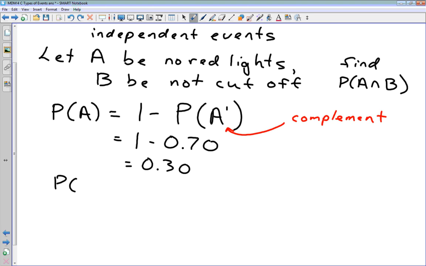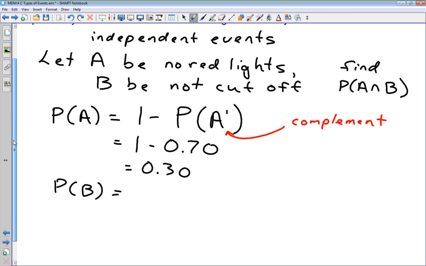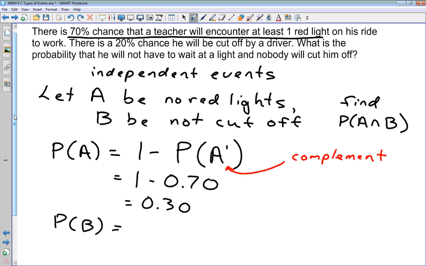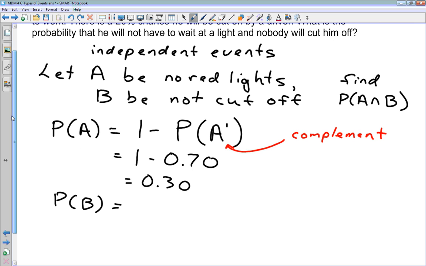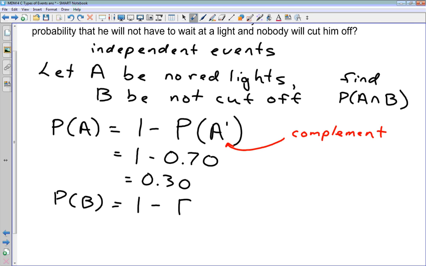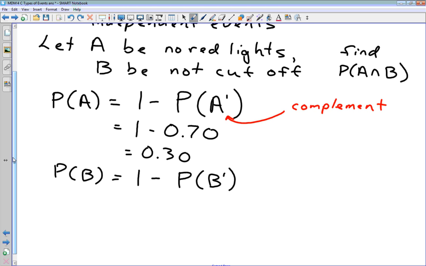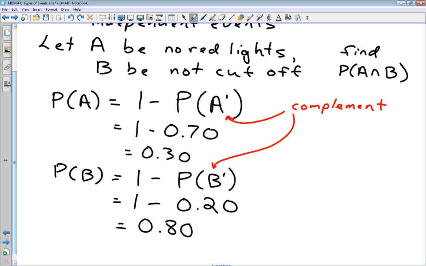For the probability of B, let's take a look. B is the event where he is not cut off by a driver. They tell us that there's a 20% chance that he will be cut off by a driver. So again, they've given us the probability of the complement. The probability of event B is going to be 1 minus the probability of the complement, so 1 minus 0.20, or 0.80.